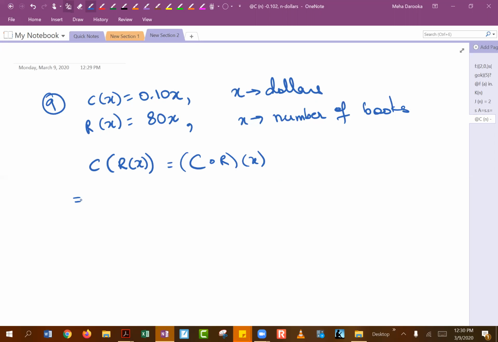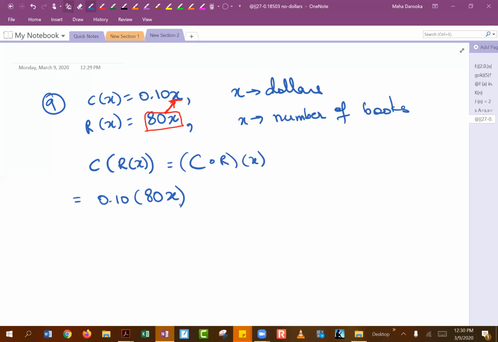Nope, because you're just doing multiplication. You're putting R inside of the C function, right? Which means you're taking this and putting it inside for just the X. So what will that become? I'm just looking for the function definition. How would you write this out? 0.10 times 80X. Very good, yeah.